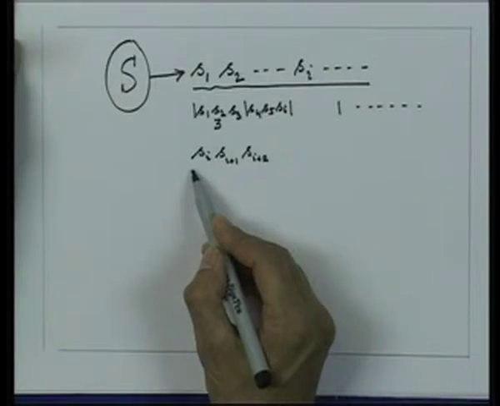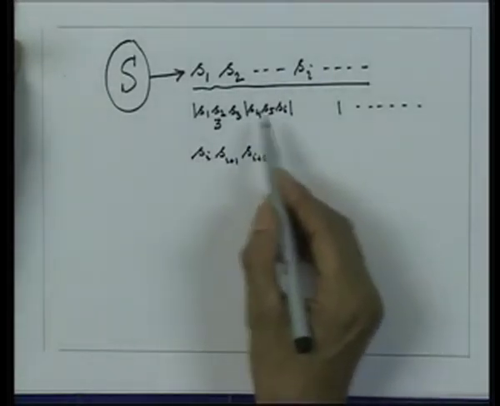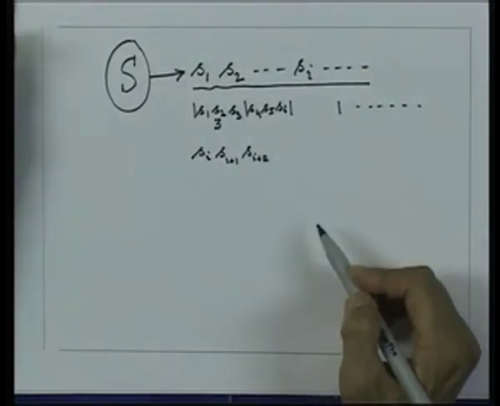So, I have messages of length 3. Now, if I were to ask you what is the average information which I get per message from this source?